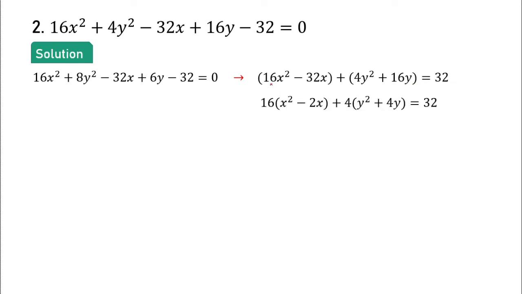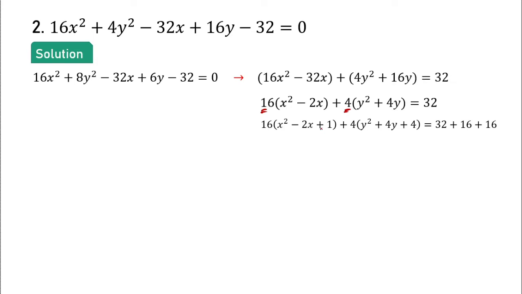Then 16 and 32 have a common factor of 16, so I factor out 16, giving x squared minus 2x. For the y terms, 4 is the common factor of 4 and 16, so I factor out 4, giving y squared plus 4y equals 32.